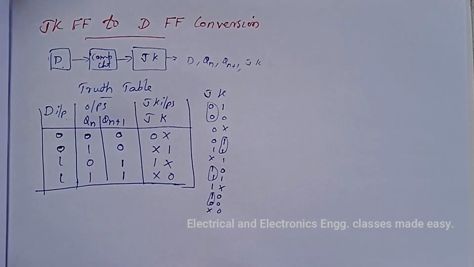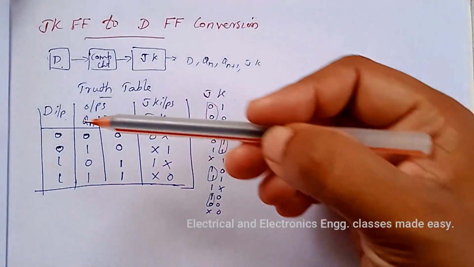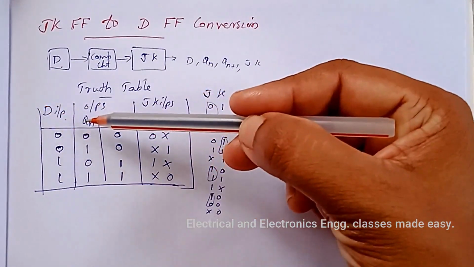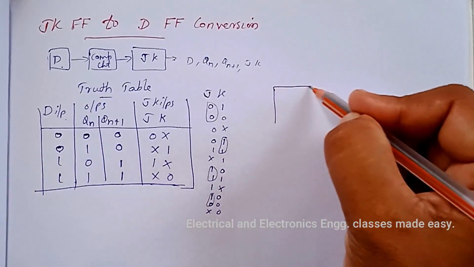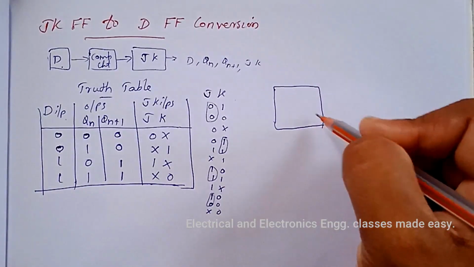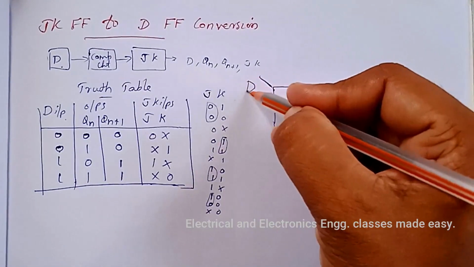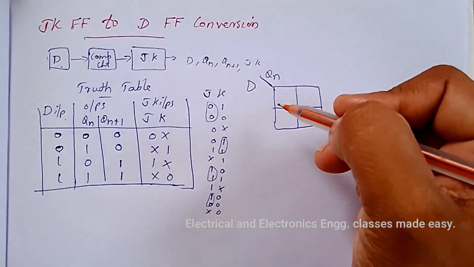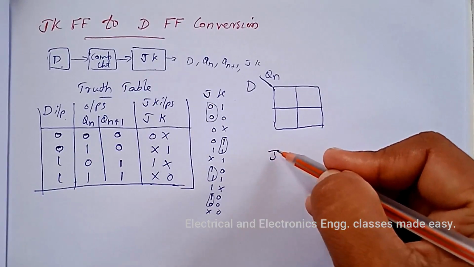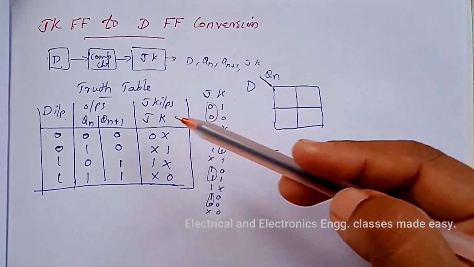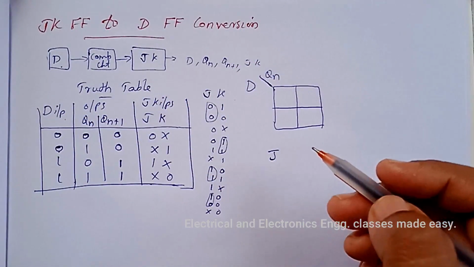Now we have to design JK using K-map. So here the variables are D and Qn, that is two variable K-map we have to draw with the variables D and Qn. So we have to find J and K in terms of D and Qn.